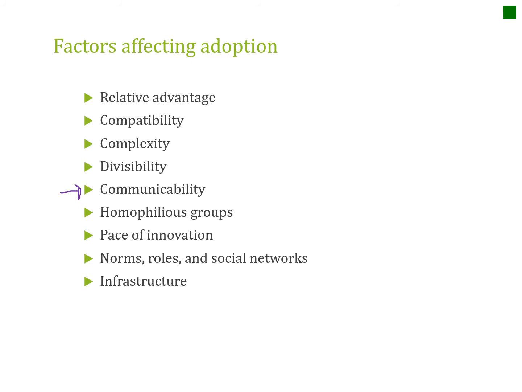What are the advantages, disadvantages? Those would be some examples there. And then pace of innovation: are we just overwhelmed with choices? And what are the norms, roles, and social networks? Social networks being important here. So once again, that relationship management. And then the infrastructure you have involved.